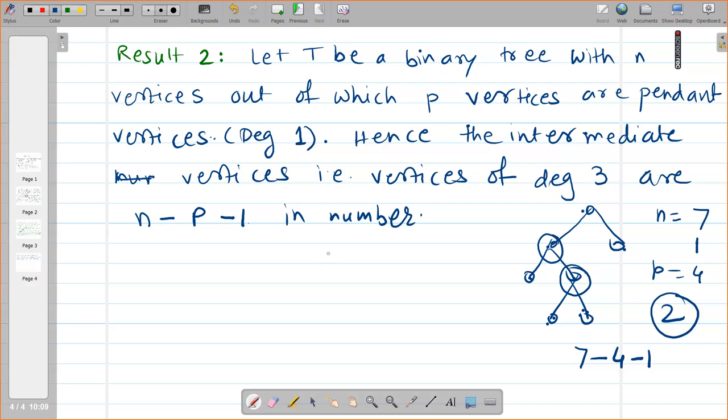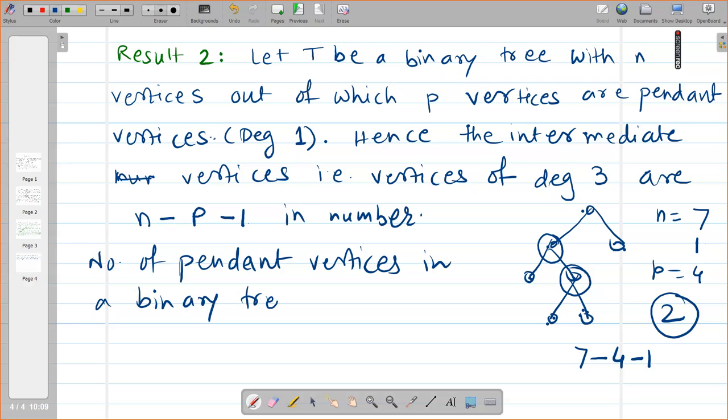And you can find out pendant vertices in a graph also. Pendant vertices will be n plus 1 by 2 always. How n plus 1 by 2? Let us see that now. Number of pendant vertices in a binary tree are P is equal to n plus 1 by 2.